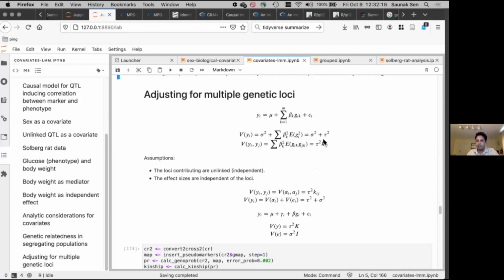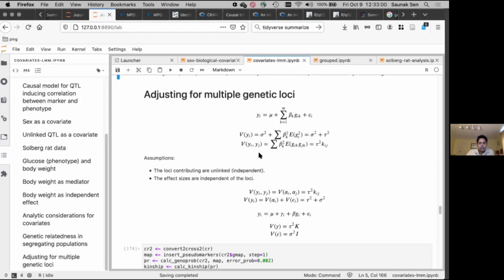And this last term is basically the chance that if you pick a random location on the genome, these two individuals, I and J, have the same genotype, which, because of the way we have constructed this population, has to be identical by descent. And so that is the definition of kinship between these two individuals.